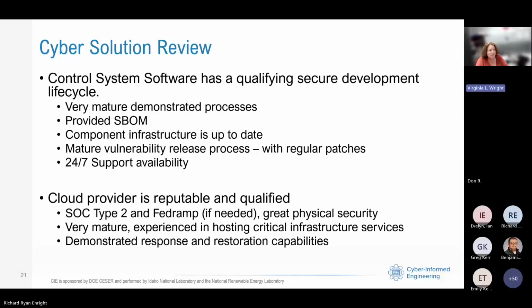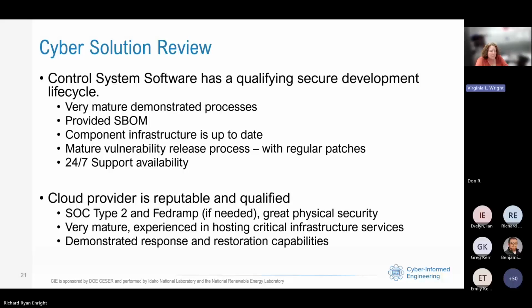They demonstrated their physical security and how they physically respond to events at the internet center that they have. We were very concerned that hosting critical infrastructure services can be very different than other data-based cloud services. Losing data is different than losing water service.